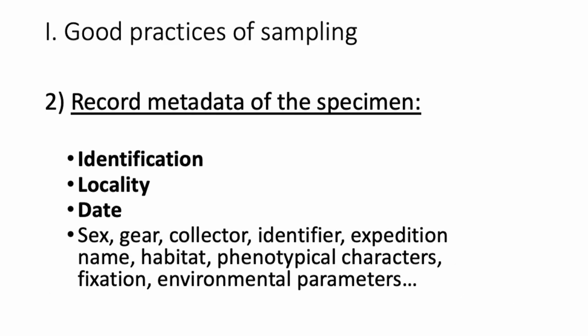Once you have the name, the locality, and the date, there are other pieces of information that are interesting, and that could be super relevant once you have your data. For instance, the sex of your organism, what gear you used, who collected it, who identified it is also very relevant. The habitat, what characters your organism has, how did you fix it, what were the environmental parameters around your organism, and so on.